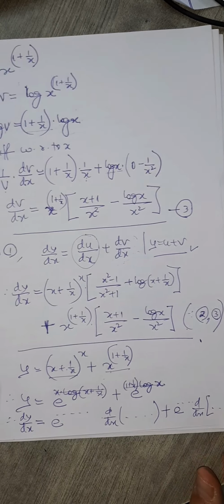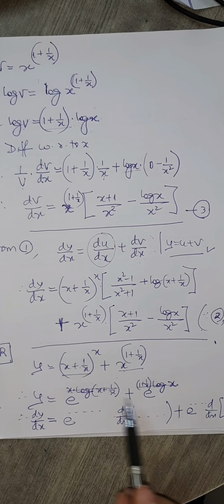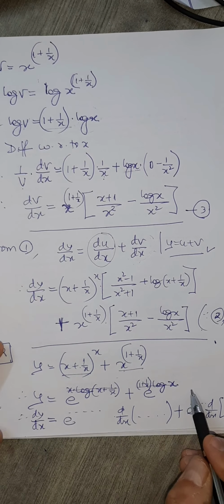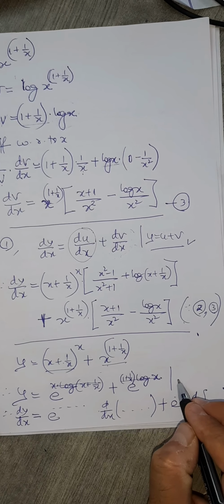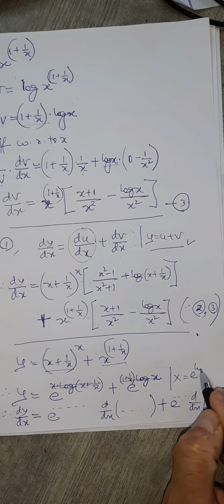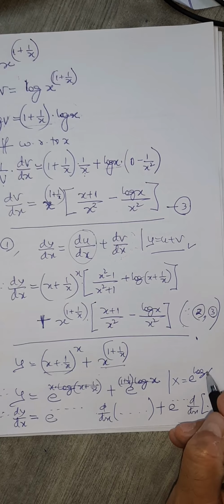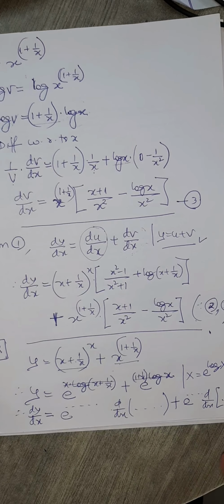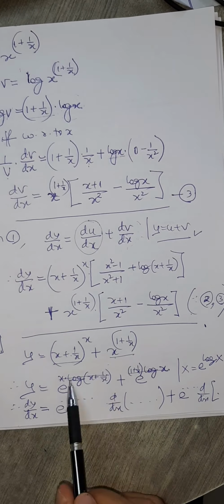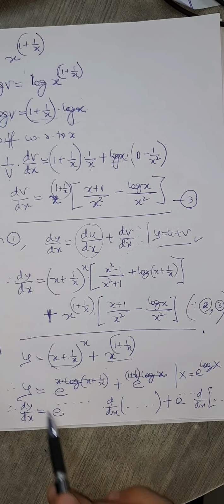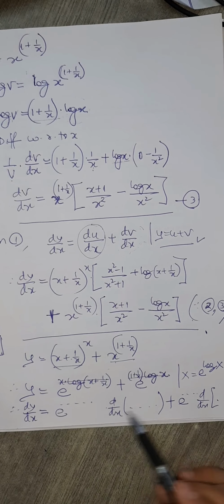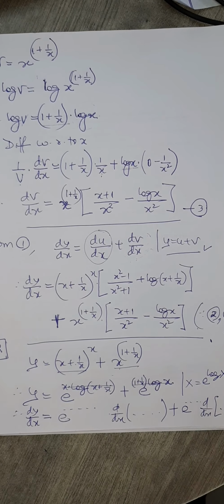This is another way, I'm just showing you. This is a little bit shorter, remember. Which property have I used here? x equals log e raised to x, that you have used. And then straightforward by chain rule. This is a little bit shorter if you like this. Otherwise that method is also there. Choice is yours, as I mentioned.